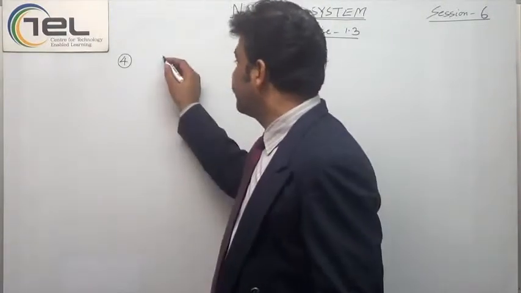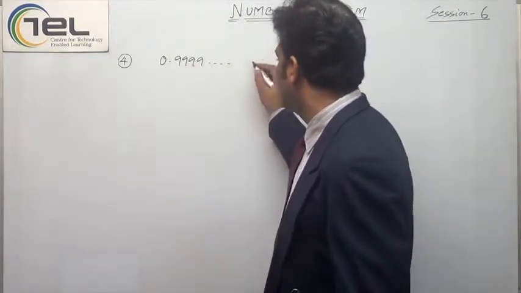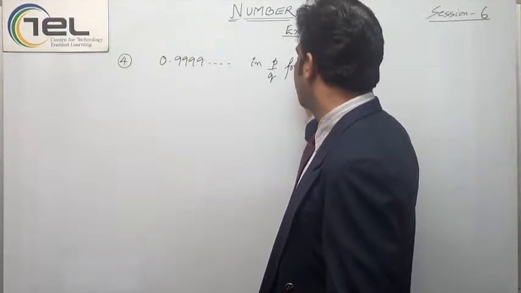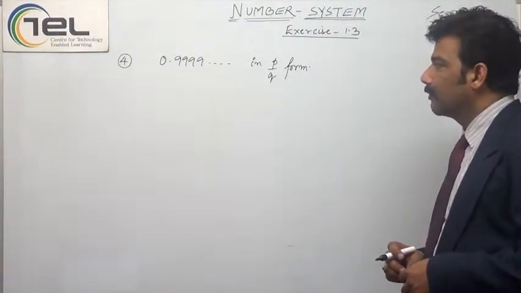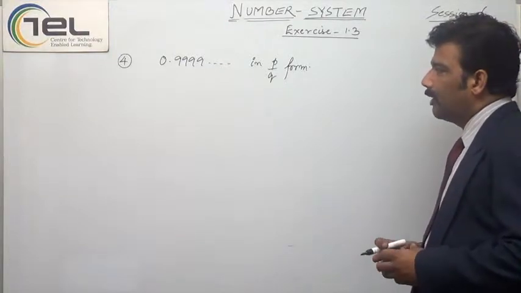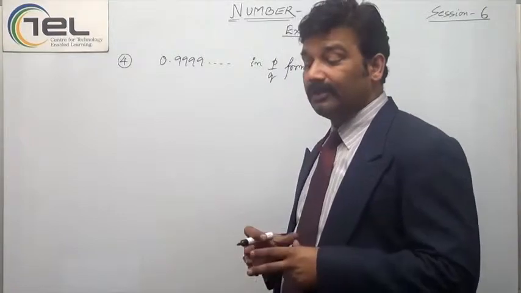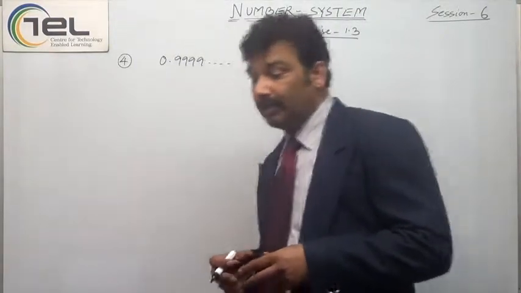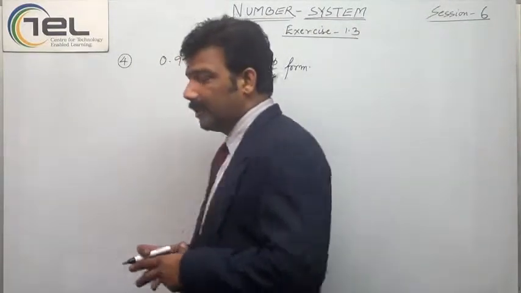Express 0.9999 and so on in P by Q form. Are you surprised by your answer? With your teacher and classmates, discuss whether the answer makes sense.